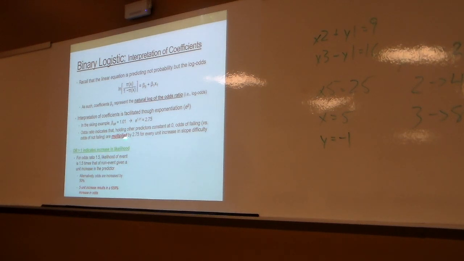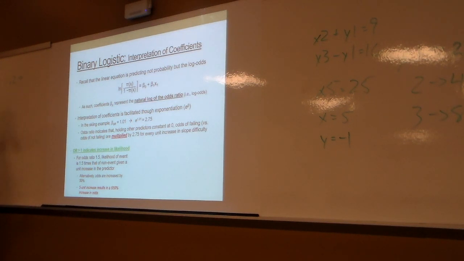And so again, the odds ratio is saying that holding other predictors constant at 0, the odds of falling versus not falling are multiplied by 2.75 for every unit increase in slope difficulty. So for trail difficulty 1 versus 2, the odds of falling versus not falling on a level 2 difficulty trail are 2.75 times the odds of falling on a level 1 trail, everything else held constant at 0.